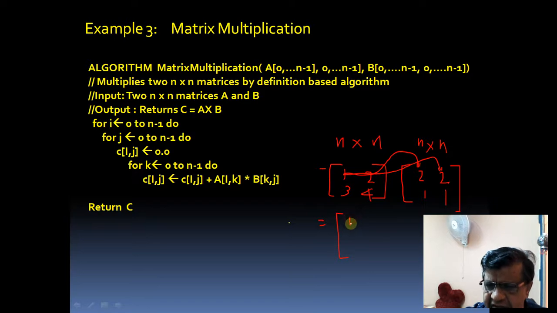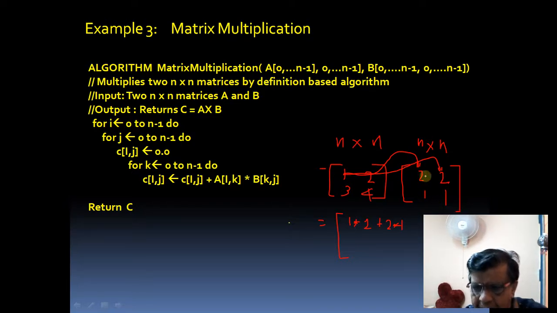You know this anyway; for the sake of completeness, I am recalling your memory. 1 into 2 plus 2 into 1, so this is one element. The other element is once again 1 into 2 plus 2 into 2. Like this we are going to generate.